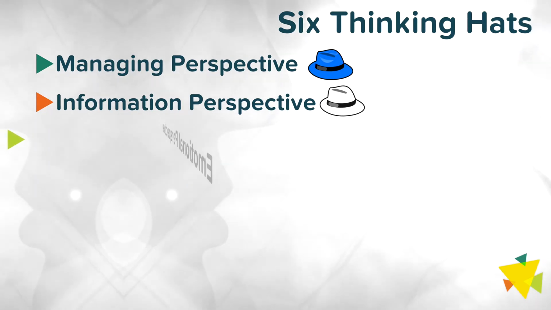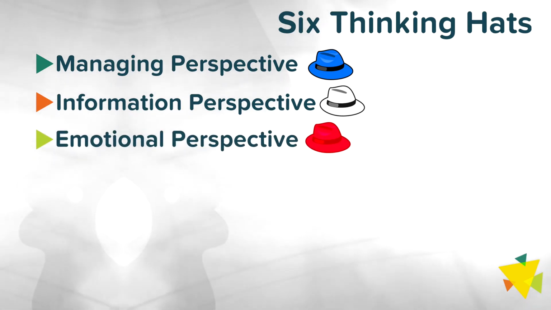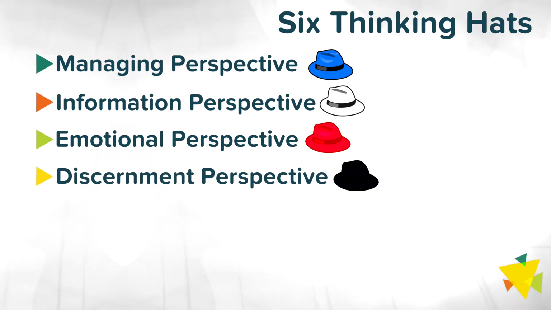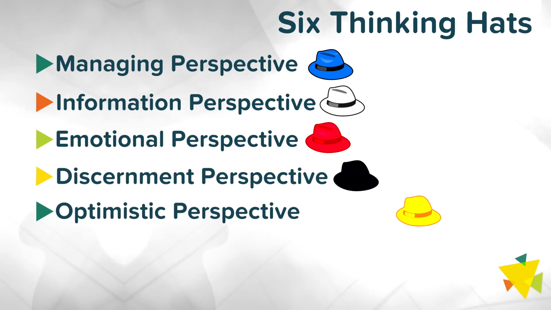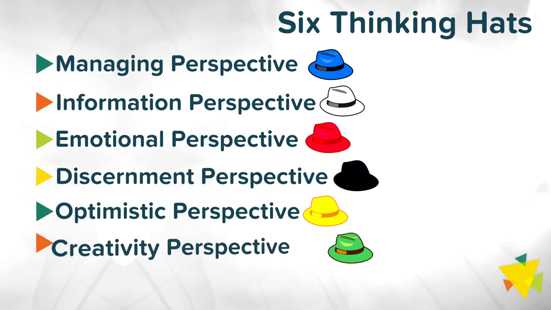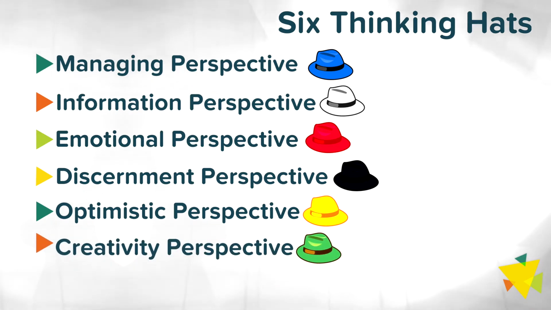The emotional perspective, or the red hat, what do you feel about the problem? The discernment perspective, or the black hat, what's the logical and the conservative approach? And the optimistic perspective, using the yellow hat, what are the upsides or the benefits? Finally, the creativity perspective, or the green hat, what are the possibilities?